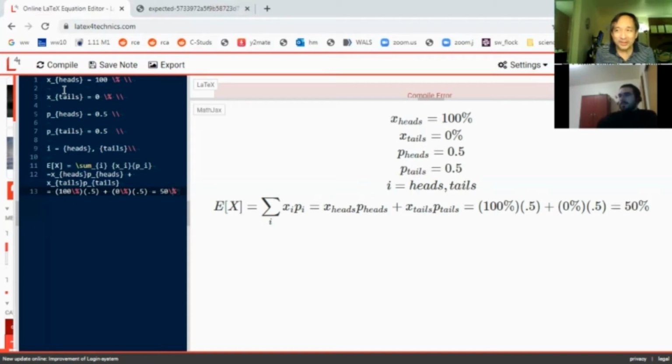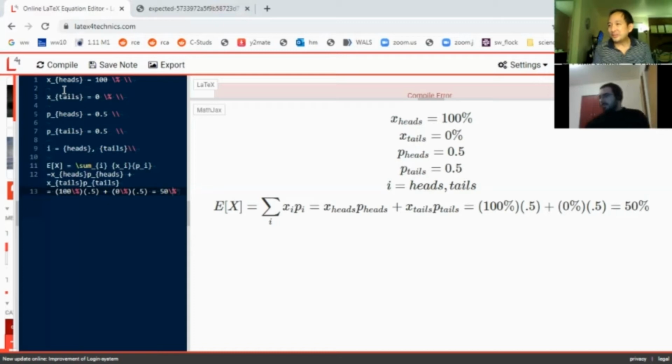There is, I believe, the strong law of large numbers. If you go out to infinity, it will be 50%. If you could hypothetically flip it an infinite number of times, I think that's what the strong law of large numbers is.